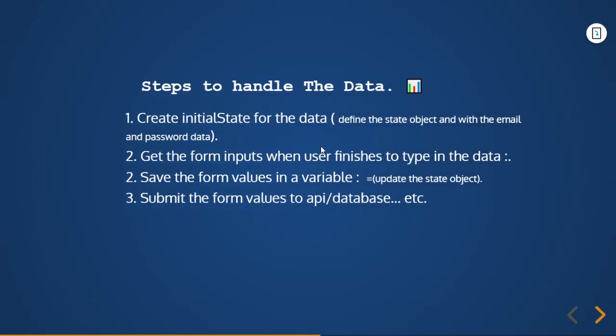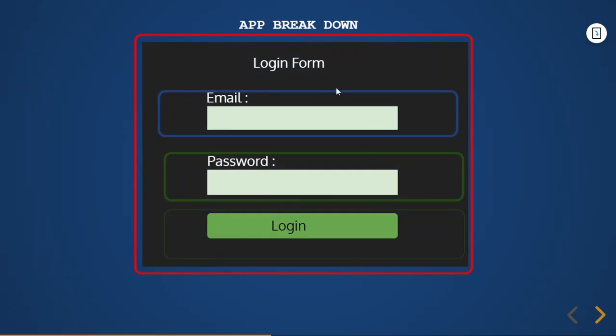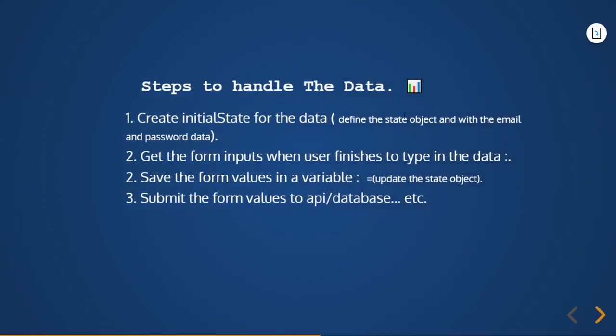So the first step is you create an initial state, which can be a state object, because this data is in one form and is related to each other. So we define an object with email and password data, with a key of email and a key of password.